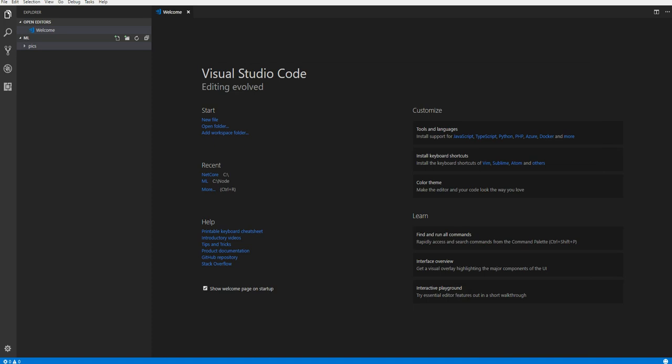Let's make a simple application to understand how to use machine learning concepts in a Node.js application. First of all, we will need Brain.js.